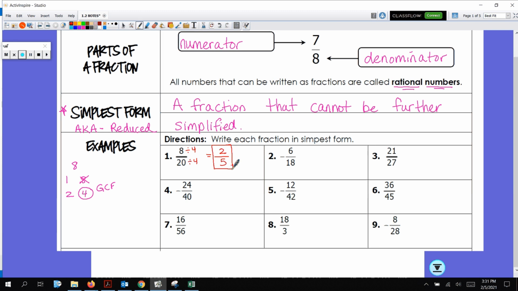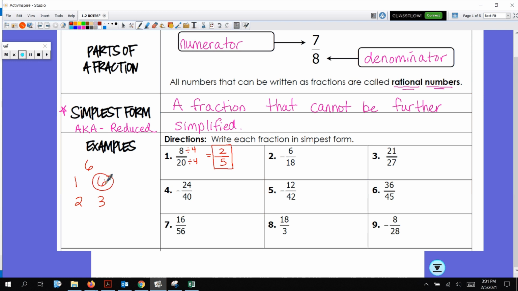Now, if I think about finding the GCF again, I'm going to go ahead and do that over here. So I always start with the smallest number, right? I want the GCF between 6 and 18. So I know 6 is 1 times 6 and also 2 times 3. Always start with the biggest number. Does 6 go into 18? Yes, it does.